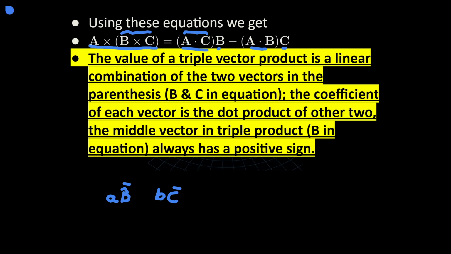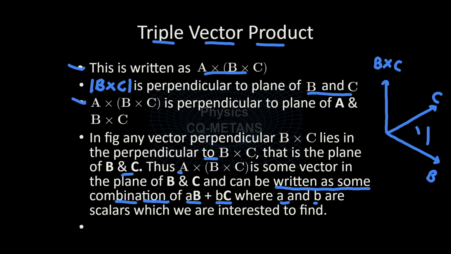So this is some scalar times a vector and a scalar times some vector. So this is a linear combination. So if we compare that with what we were mentioning over here, A becomes A dot C and this B becomes minus A dot B.